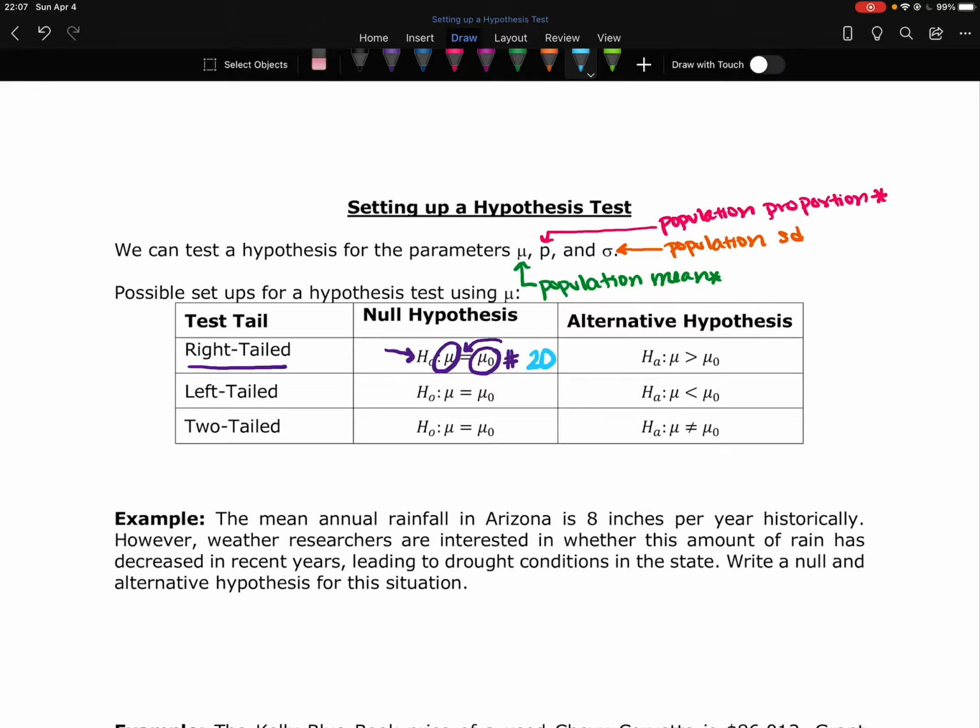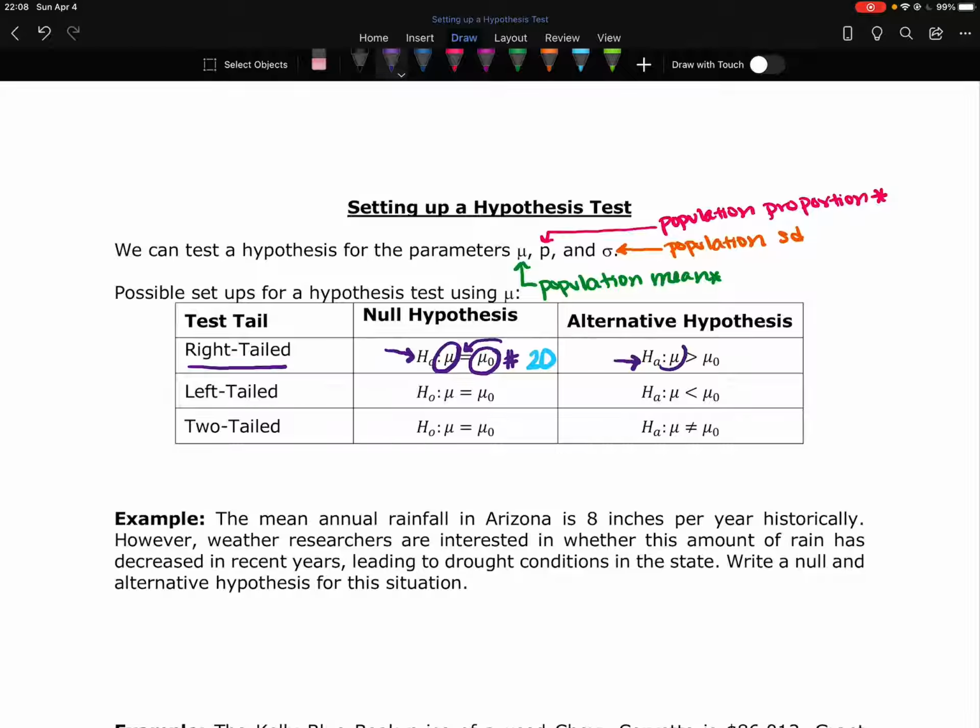The alternative hypothesis, however, remember that's what I think is actually happening. So with a right-tailed test, your alternative hypothesis, again, we have HA, so the A stands for alternative.